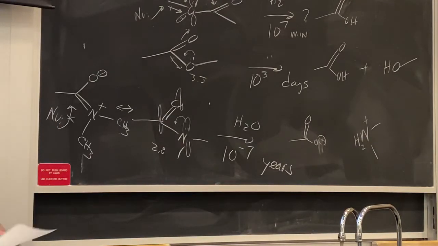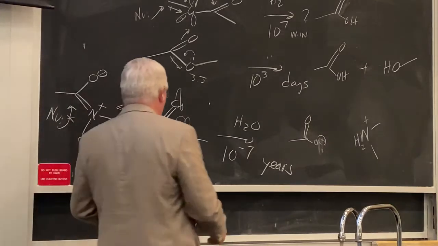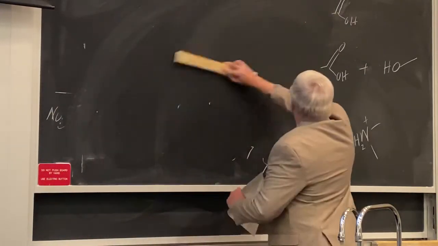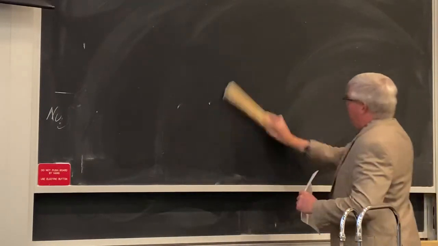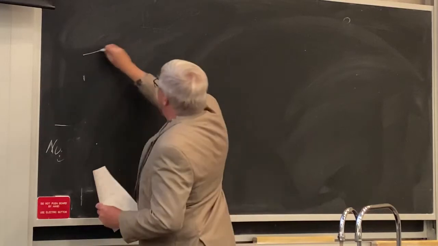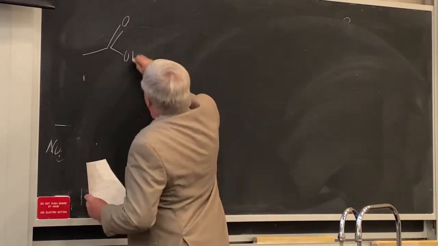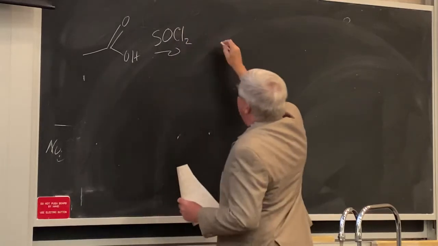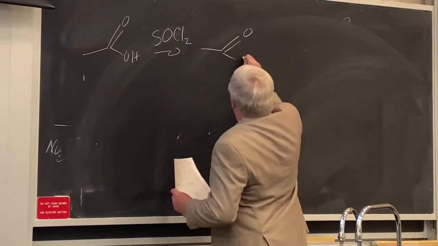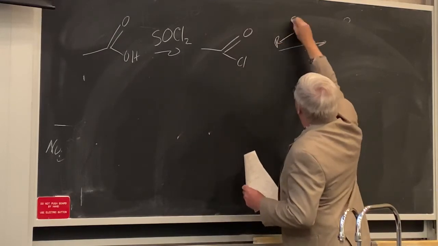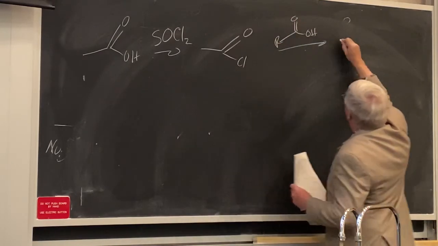Let's do the key one here with the acid chloride. The key reaction is with the carboxylic acid, whatever that might be. And we can always convert that with thionyl chloride, SOCl2, to the acid chloride. And from there, if we react that with another carboxylic acid, we can make what?